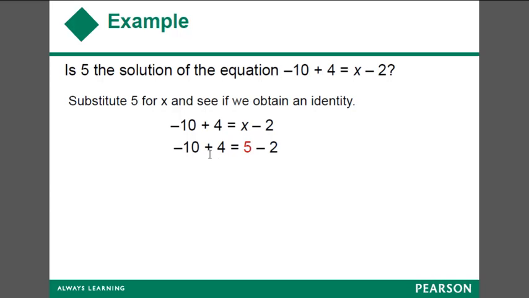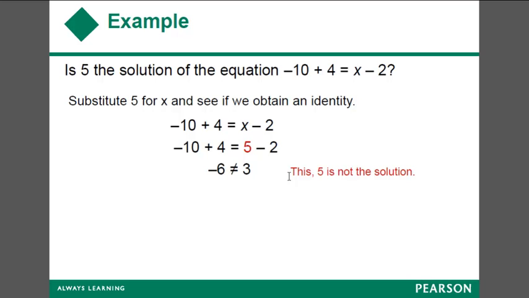And so I get negative 10 plus 4. Does that equal 5 minus 2? Well, negative 10 plus 4 is a negative 6. 5 minus 2 is 3. Negative 6 does not equal 3. Therefore, 5 is not the solution.